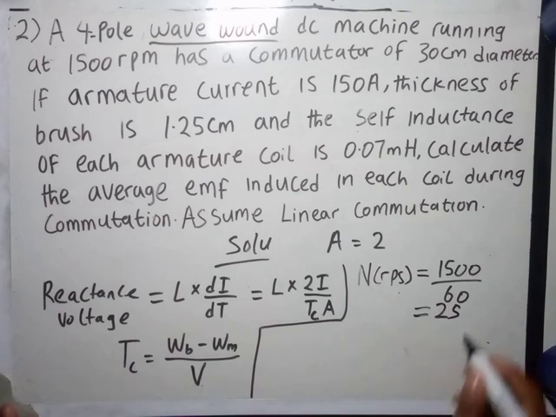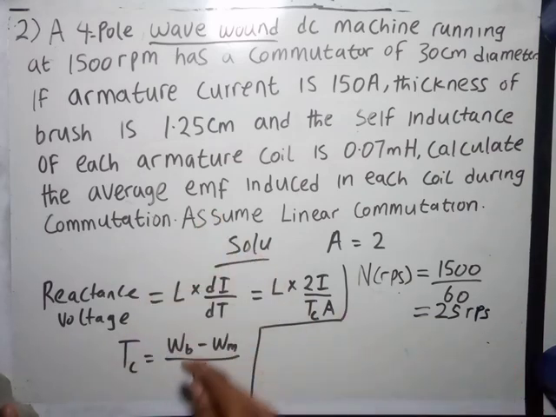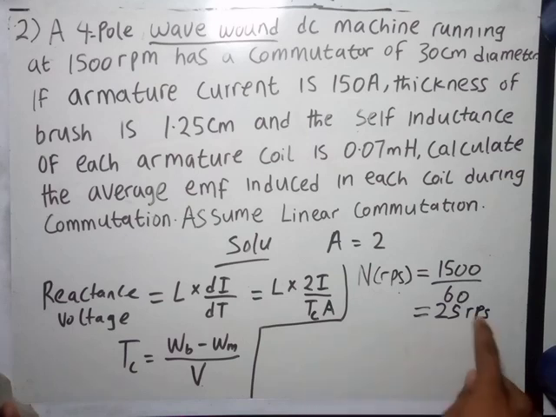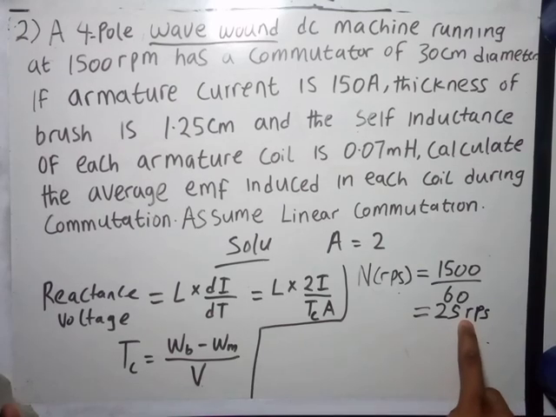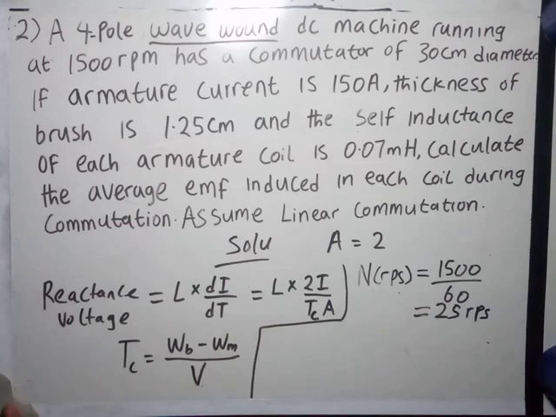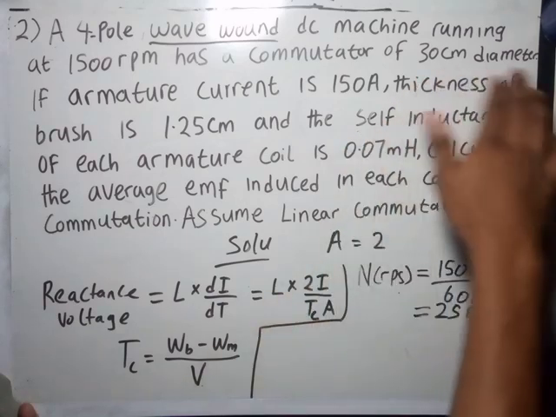Yeah, 25 RPS. Now we want to express it in terms of centimeter per second because our brush width is in centimeter. So we are looking for a value that will replace our revolution. A complete revolution can also serve as the circumference of your commutator, and for the circumference of your commutator we're only given the diameter.